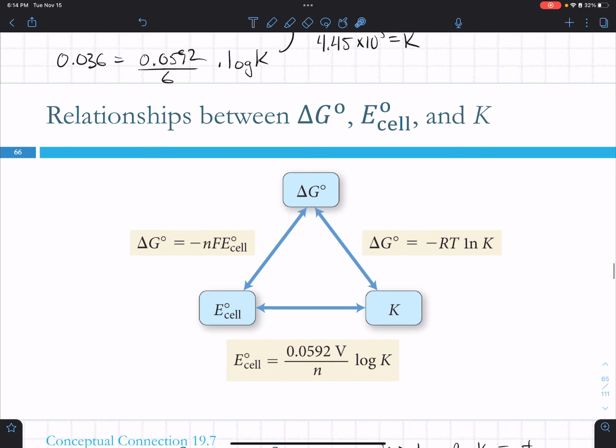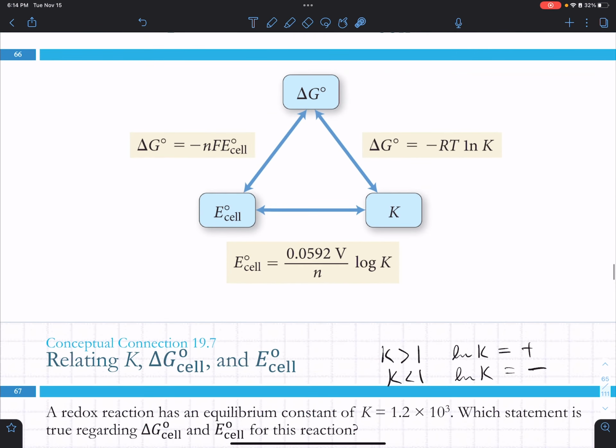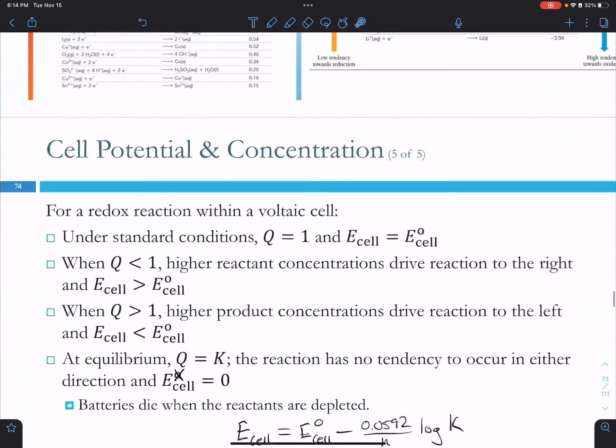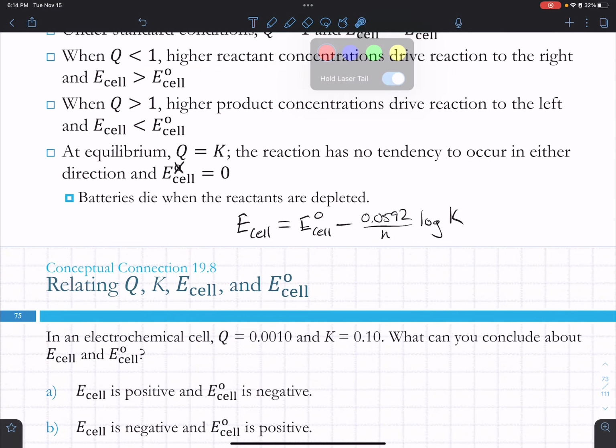I'm thinking of the RT naught and K. Yeah, this one. Because E cell naught is equal to 0.0592 over n times the log of K. So this is a typo on this slide. It's E cell at non-standard conditions that is 0, because this equals this. So those two things will cancel out.